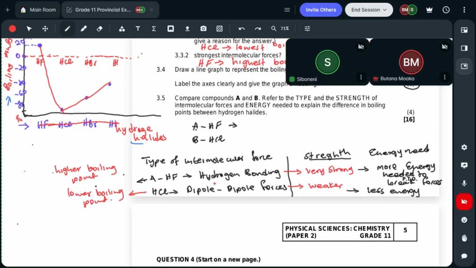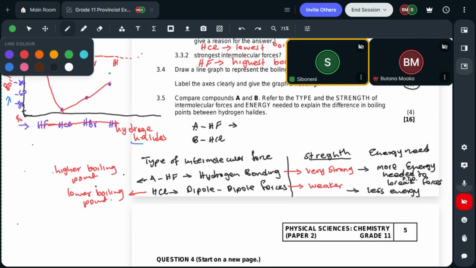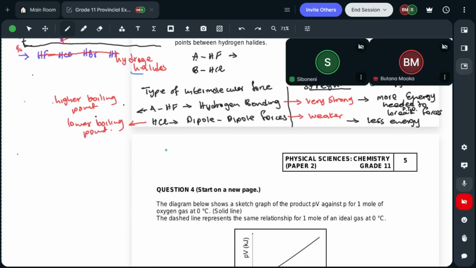Okay, listen, let me quickly explain this one. HCl does not form a strong hydrogen bond, because the chlorine atom is too large.